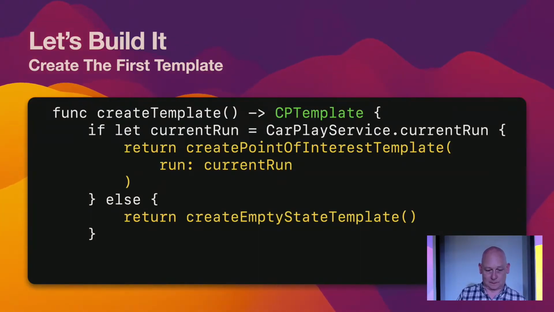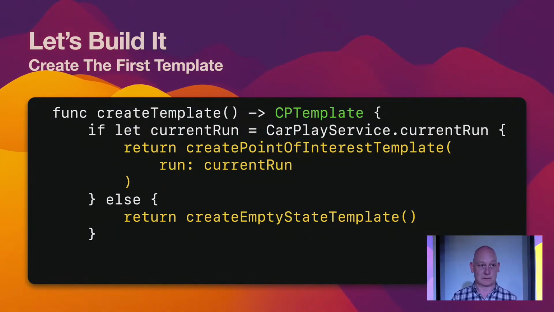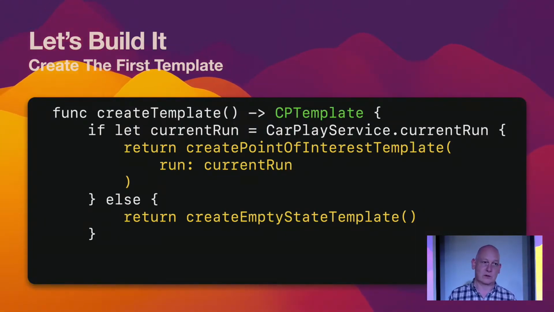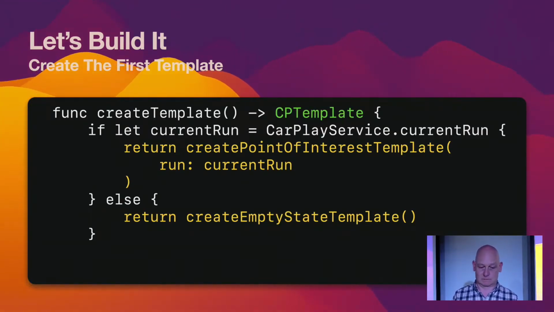So next up, if you remember, our app deals with runs that the driver has and then deliveries within that run. So we need to check first of all that the driver actually has a run to use. They might not.